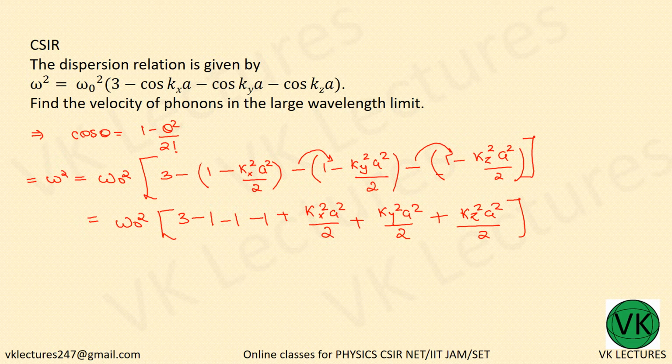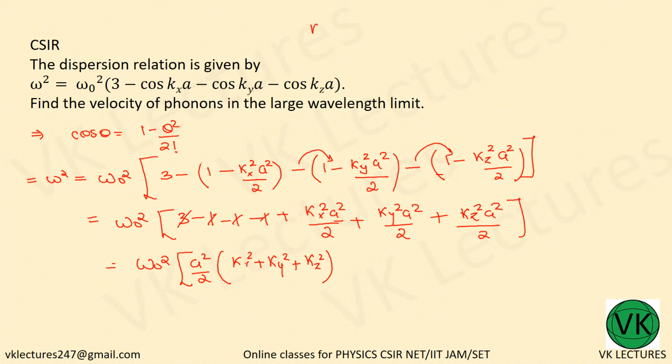So 3 minus 1 minus 1 minus 1 all goes, so that will be equal to omega naught square into, I can write a square by 2 as common, a square by 2 into kx square plus ky square plus kz square.